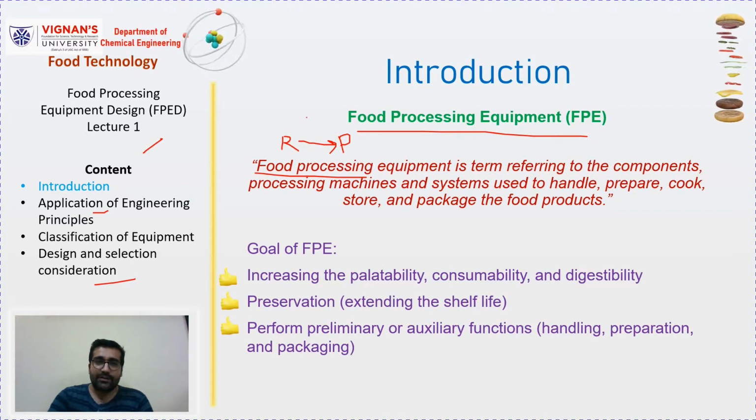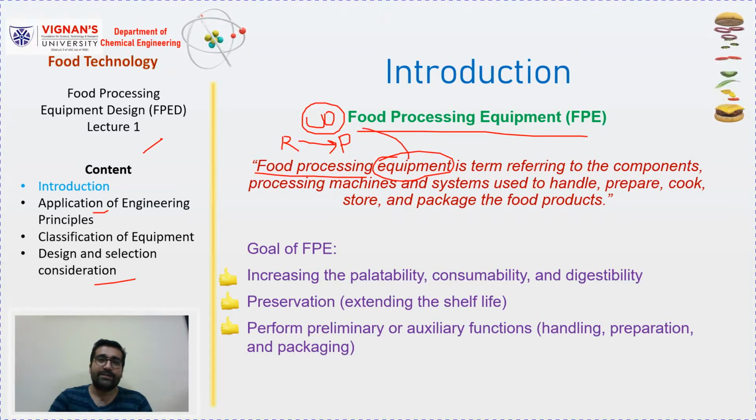We undergo certain unit operations during this transition from raw product to final product. So the equipments needed to perform those unit operations are known as food processing equipments.